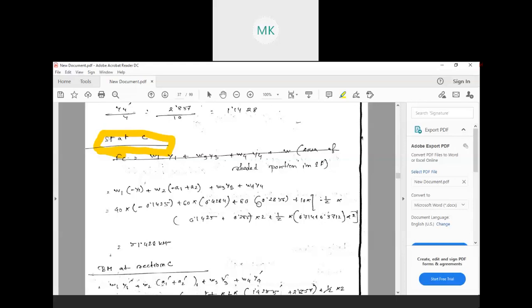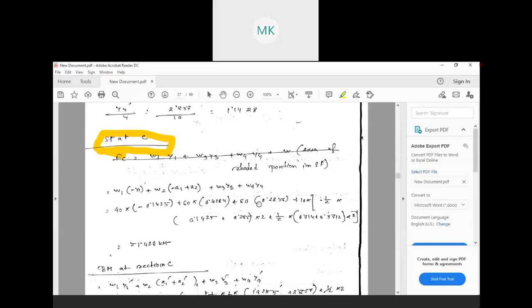So for more than one point load, the formula is W1 into Y1 plus W2 Y2 plus W3 Y3 and so on, as many loads as are given. But in this case, a UDL is there also. For that part, we need to consider the area of that part of the beam where the UDL is applied.